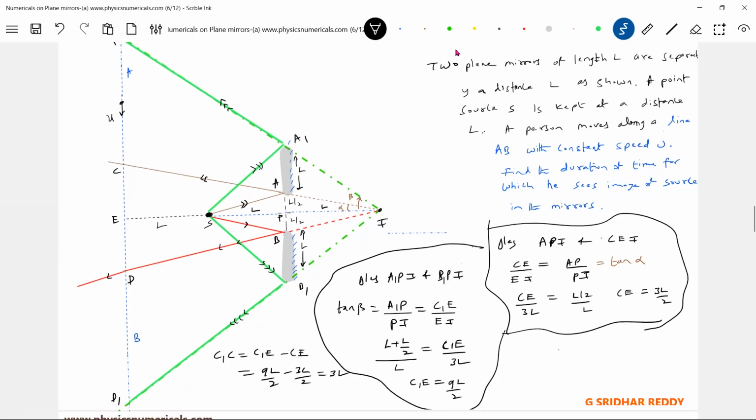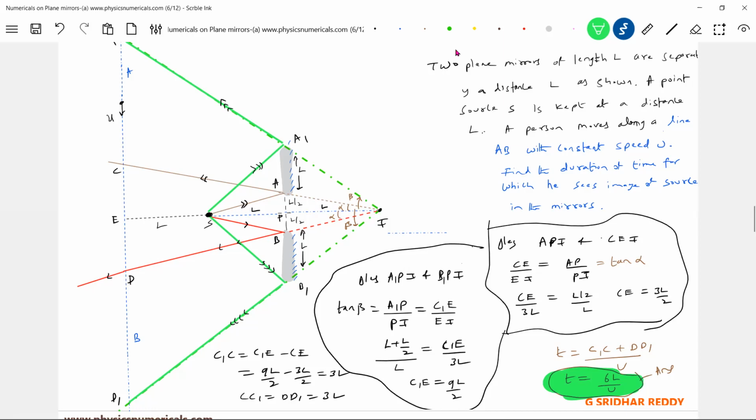Similarly, C1C should be equal to DD1 from the symmetry of the diagram. Even these angles will be the same, so no need to calculate, the same thing is applicable. Therefore the total time is C1C plus DD1 divided by U, so this becomes 6L by U. For this interval of time, the person is able to see the image.